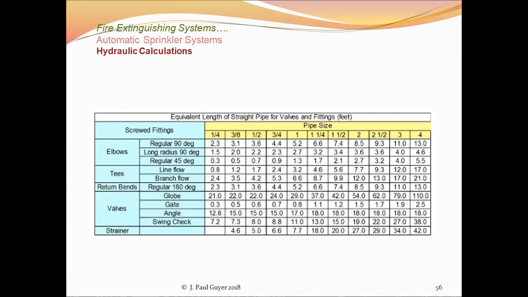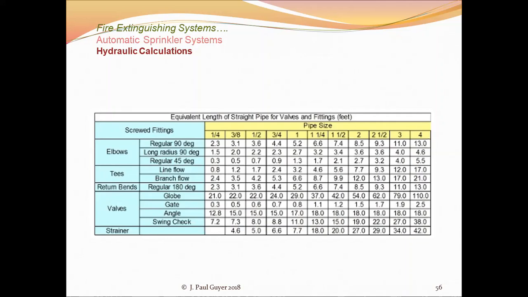And so out there at the far end, you have the GPM in that last pipe, and it's whatever you need. It's so many GPM over an area of 200 square feet.